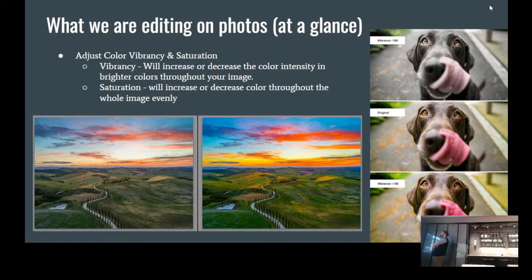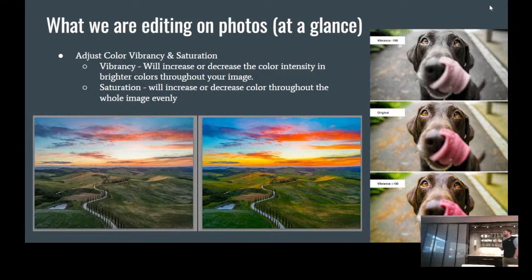However, we can go in multiple directions there. If we look at minus 100 for the vibrancy, it almost looks like we've turned this into a black and white photo. The eyes still have good color, the tongue still is pink, however, it feels flat in the fur section and in the background. We compare it to plus 100 vibrancy, where the tongue is now bright pink.